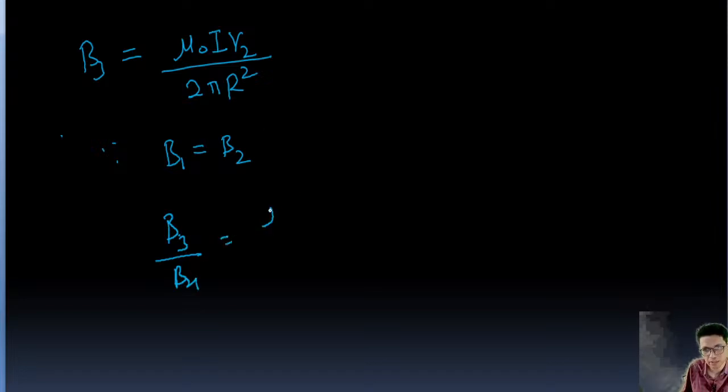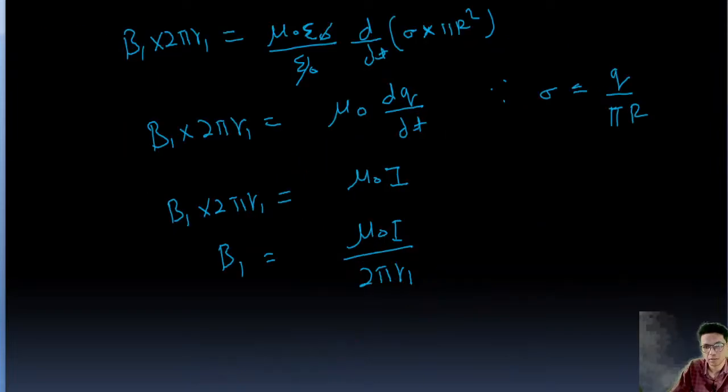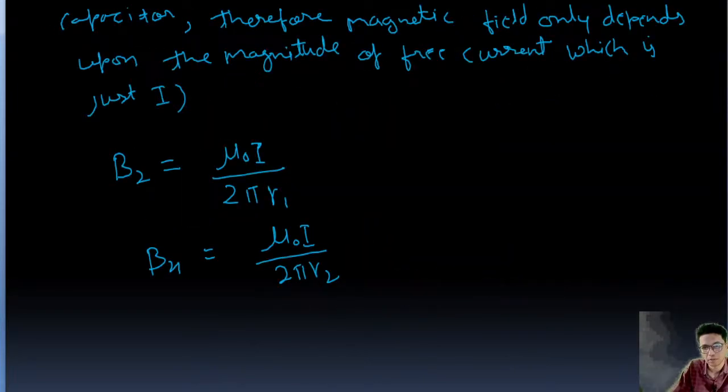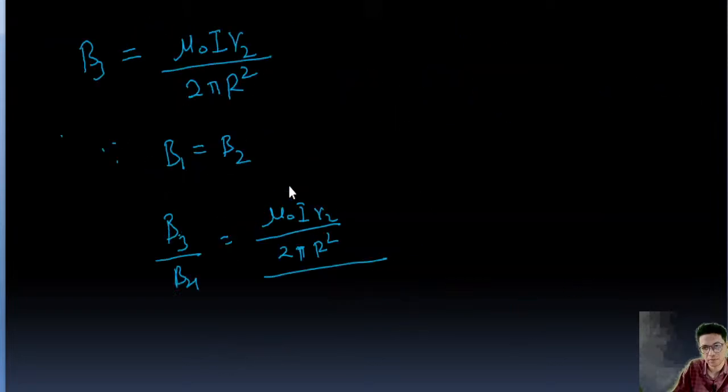So B3 value is mu 0 I r2 upon 2 pi r square, and the B4 value we have got is mu 0 I upon 2 pi r2.